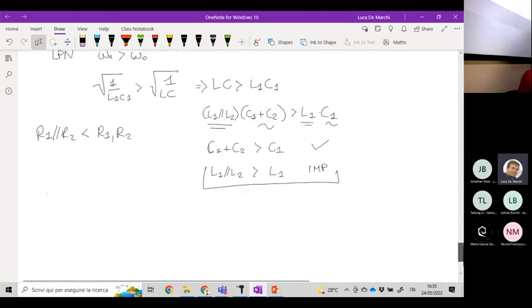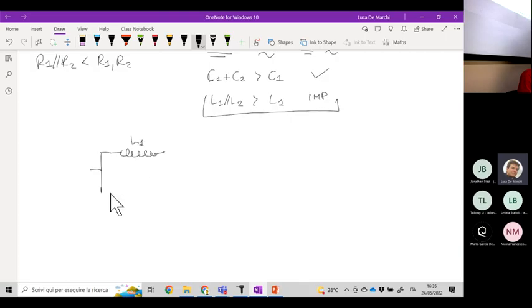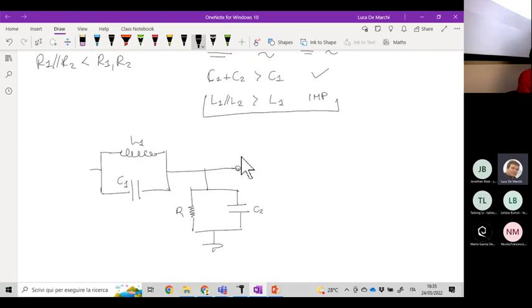So if we transform the circuit in the following way, we achieve the desired goal.